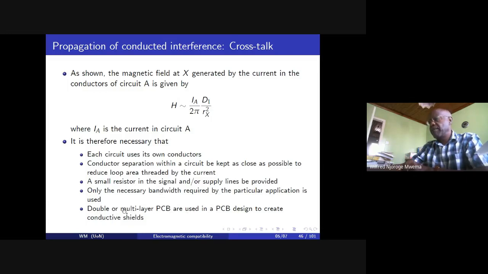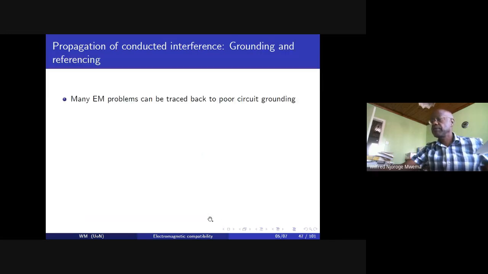And therefore, if we have a multi-layer, the inner layers will be power and ground layers, while the component layers will be the ones outside, for ease of connection. And then this will be interconnected using what we call via holes.